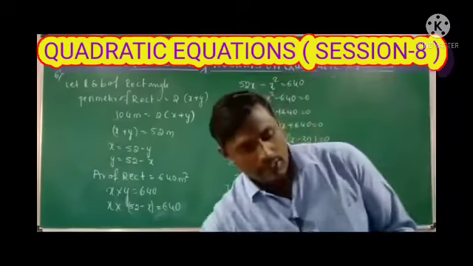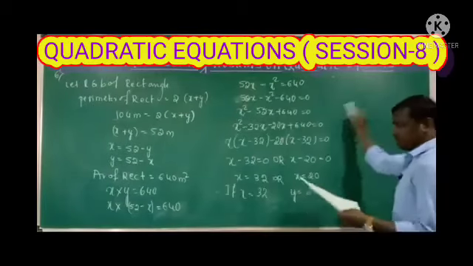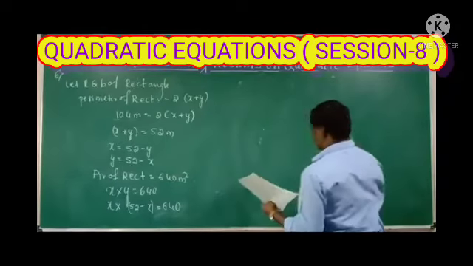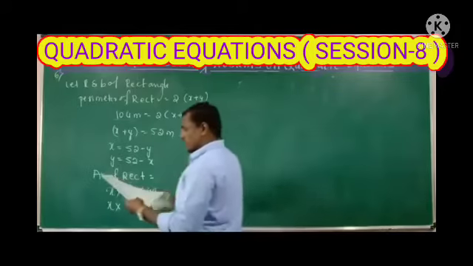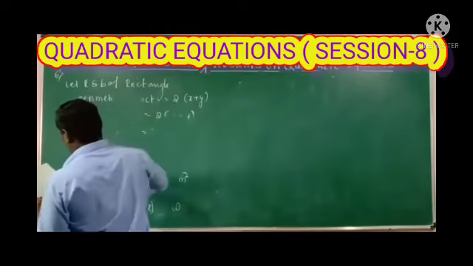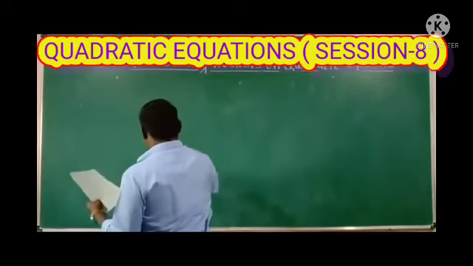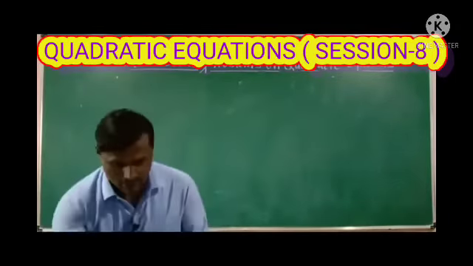Next one, see the next question, 7th one. Two squares have sides x and x plus 4 centimeter.